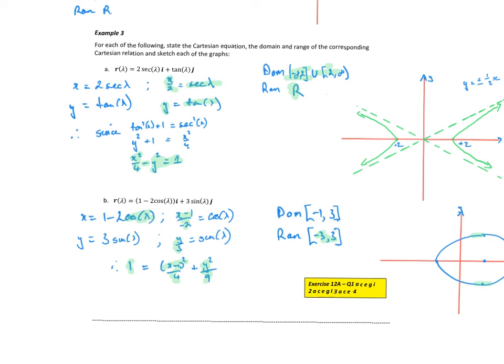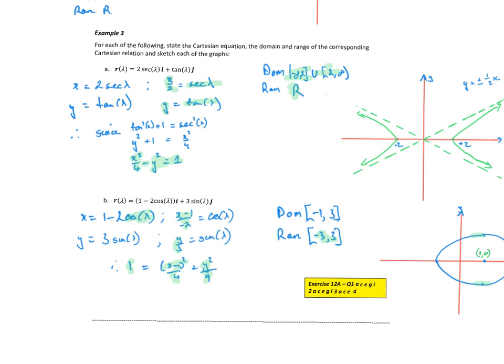ellipse. Probably should have put a center in there somewhere. What's that center? (1, 0), and we went up 3 from the y value.